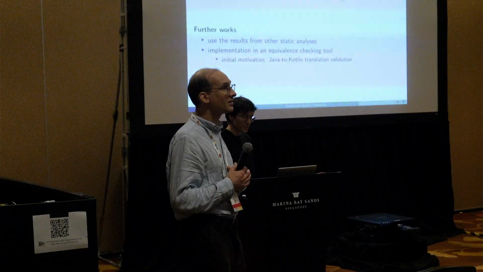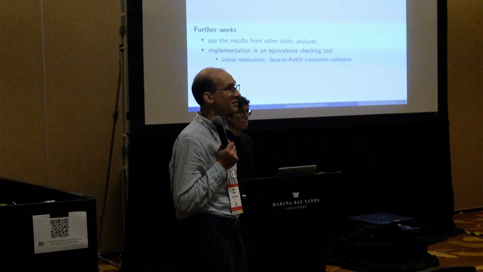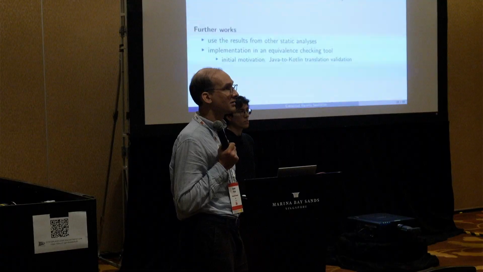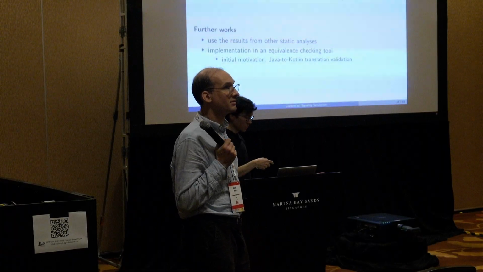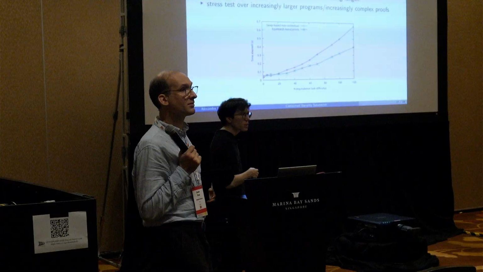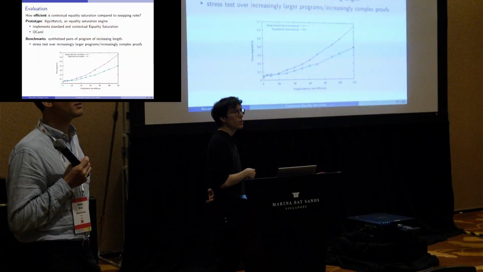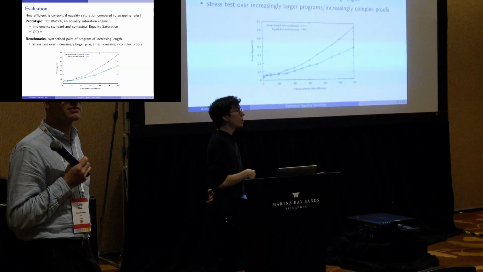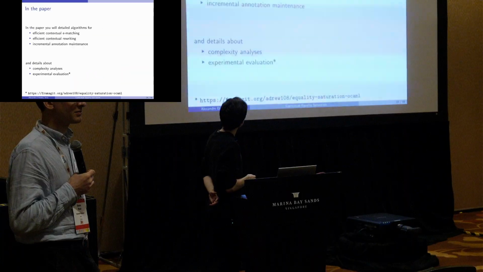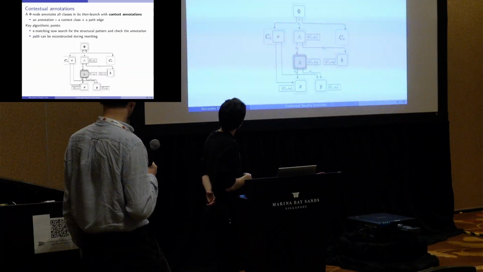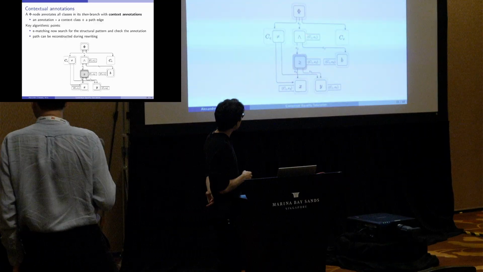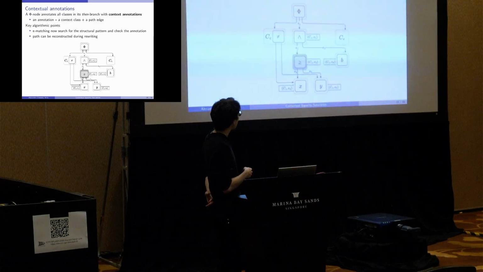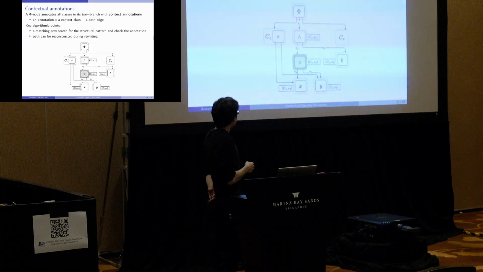Thank you for the great talk. I would be happy to hear a little bit about the implementation details for this. About the implementation? How you implemented it in code. Okay.